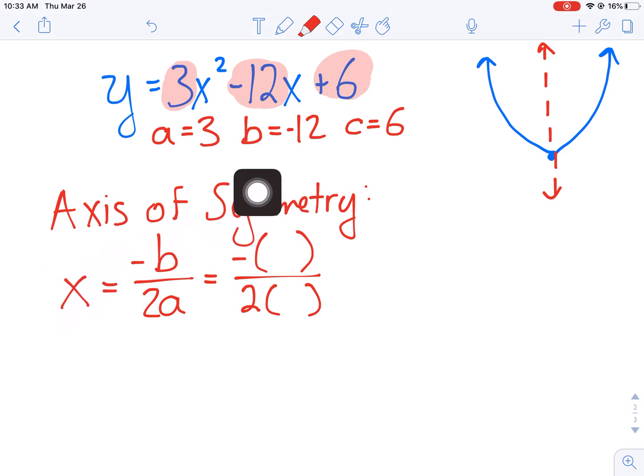So if we go back up to the top middle, we can see b was negative 12. So in my equation, which I'm highlighting right now, I'm going to put negative 12.